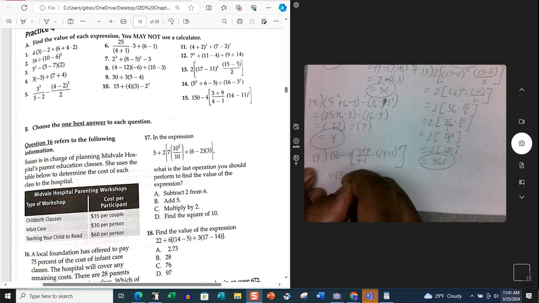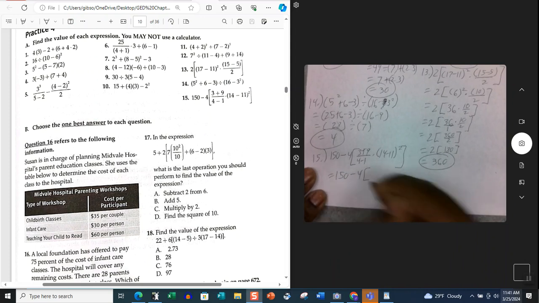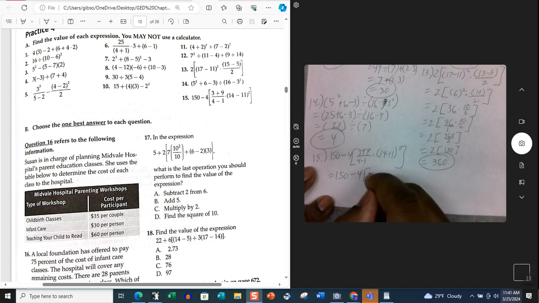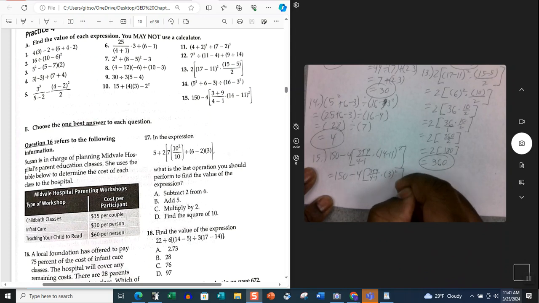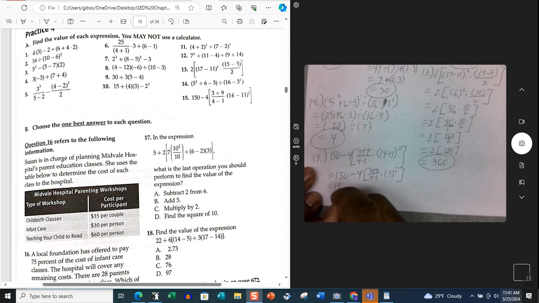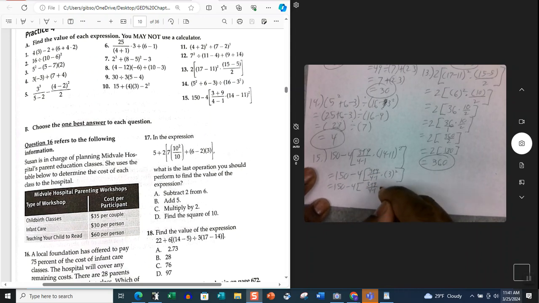So you have 150 minus 4 bracket. Now we do what's in parentheses first. So 14 minus 11 is 3, and that's squared. Now we do the exponent next. We're still inside this bracket. We add 3 plus 9 and 4 minus 1, and then that'll be times 9.